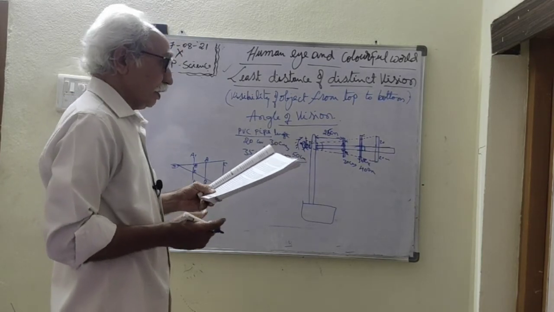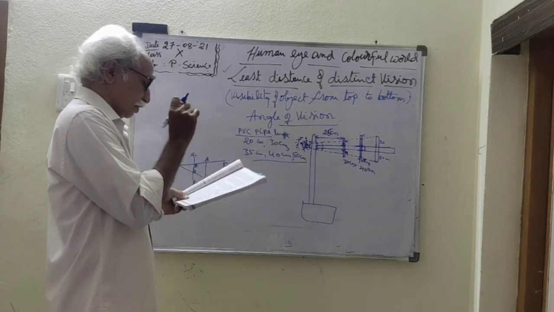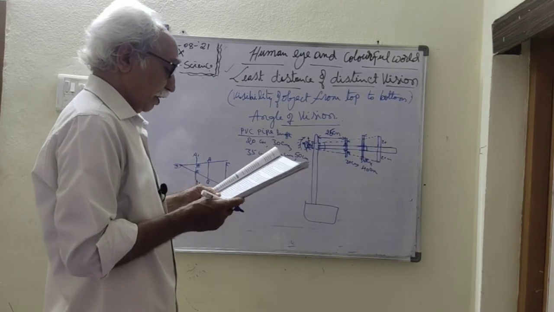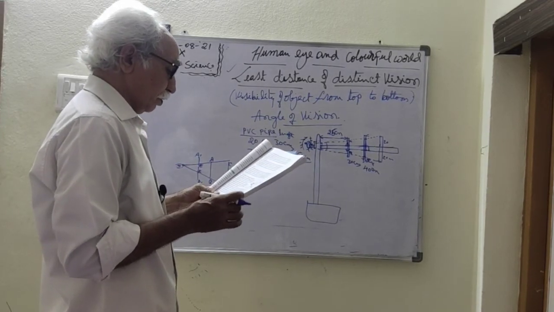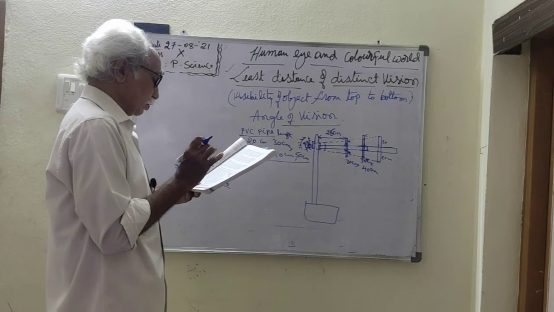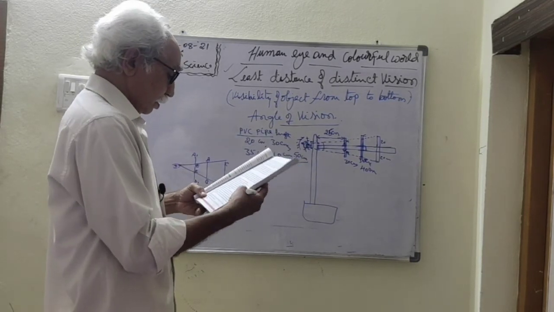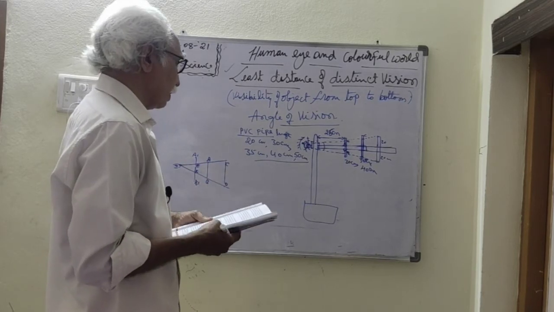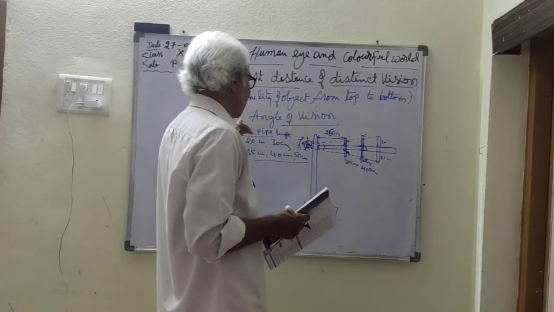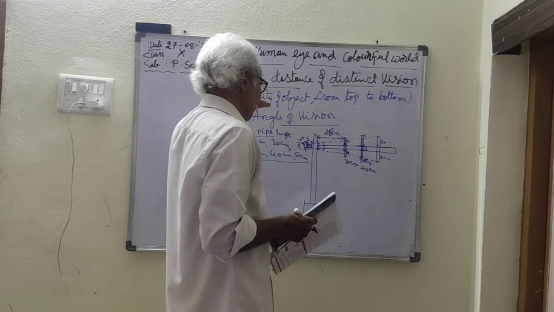So here the least distance of distinct vision is 25 centimeters, and the value of the angle of vision for a human being is about 60 degrees. You can also learn that these values change from person to person. Now we are getting two points. One is called the angle of vision, the second is called the least distance of distinct vision.